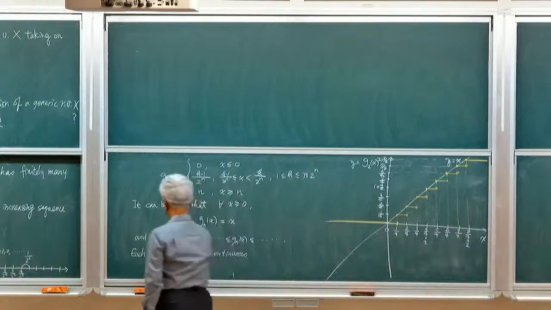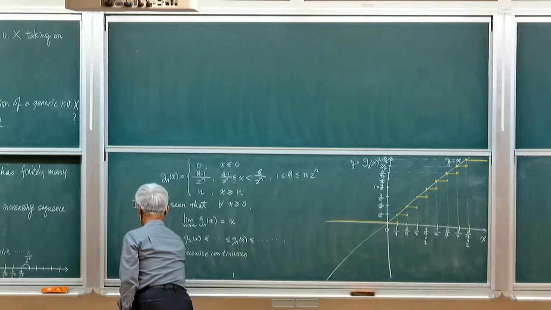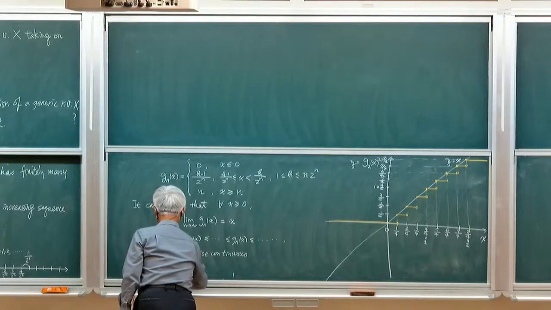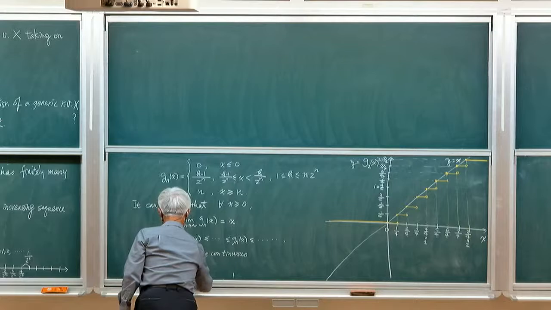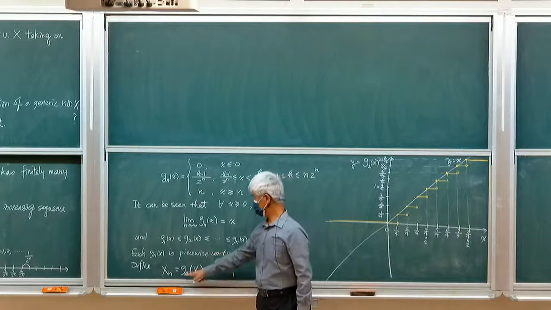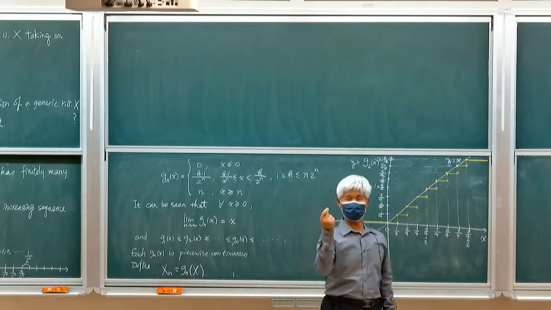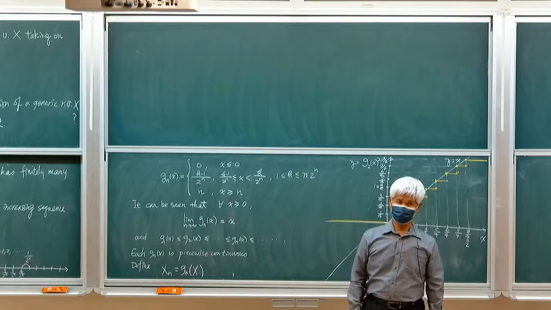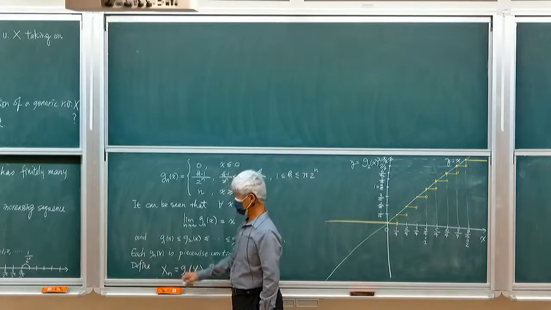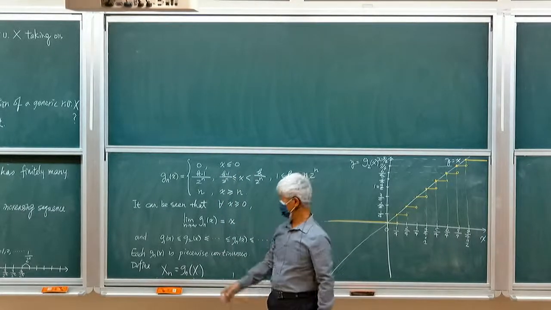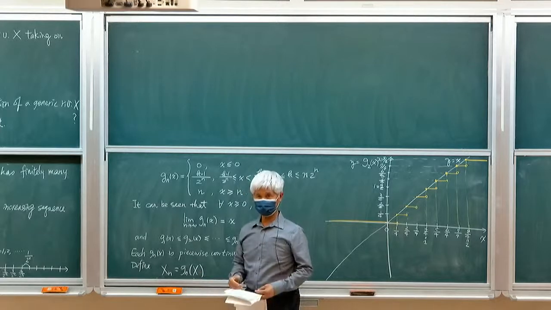Now, define new random variables Xn to be Gn of X. So what is Xn? Xn is data processing of the random variable X. Using Gn means that we apply this quantization processing on the measurement result X.